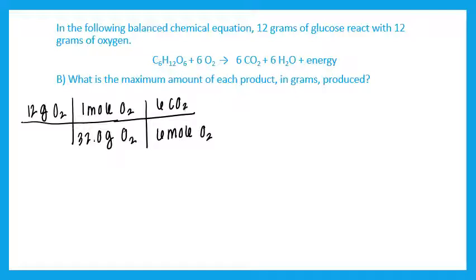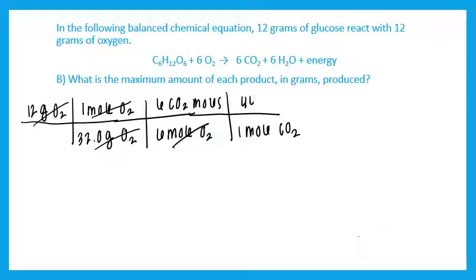Now some of you are saying, why am I doing this all over again? Because this is exactly what I did in the last slide. If you recognize that, good for you. You can keep that answer that you got from the last slide and just use it here. So this with sig figs becomes 17 grams of CO2.